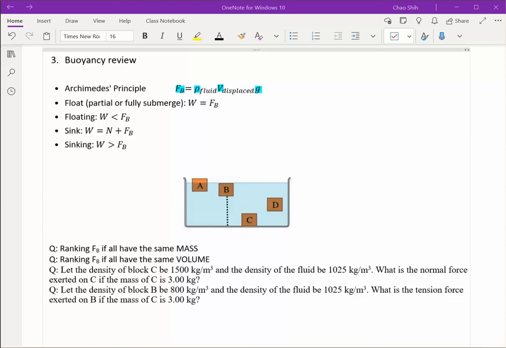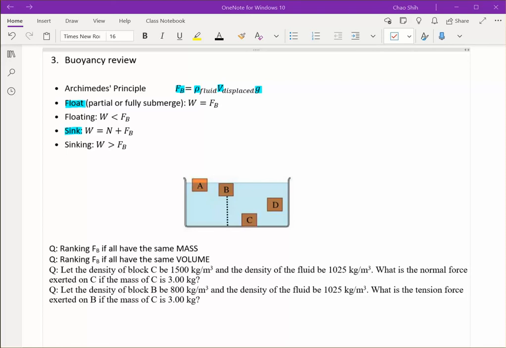Then you look at several different situations that we listed here. Float and sink: these two are more like static. The object is just there, and it just stays there. Floating and sinking are like in motion: floating is going upwards, sinking is going downwards.